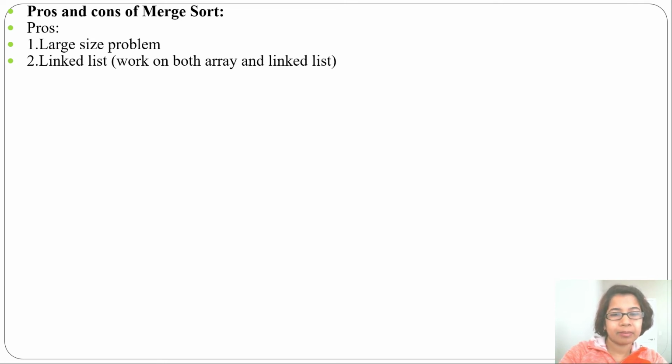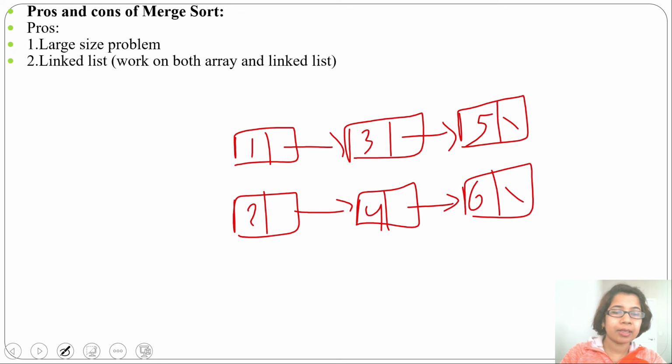Let's take an example. These are two linked lists. Now we need to do merging in these two linked lists. So first we'll compare 1 with 2. Now 1 is less. Next we'll compare 2 with 3. So 2 is less, so we'll erase the link and add this link to 2. Next we'll compare 3 and 4. 3 is less, so we'll erase this and add this link.